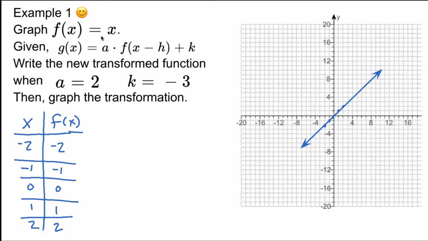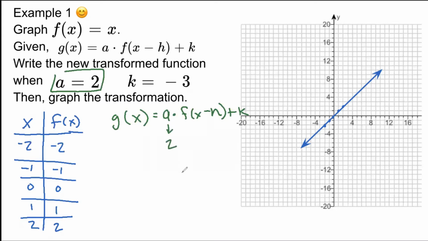Now, notice here that we're given a new function, g of x, and g of x has to have that new parameter a that is being multiplied to f of x minus h plus k. Now we're given the value of those parameters. We're being told that a has to equal 2. So instead of writing a, we're going to write 2.